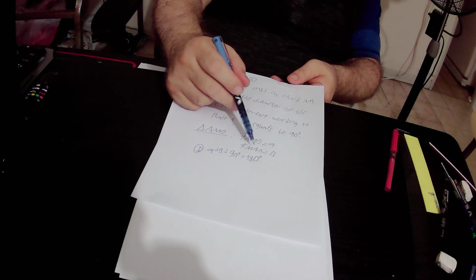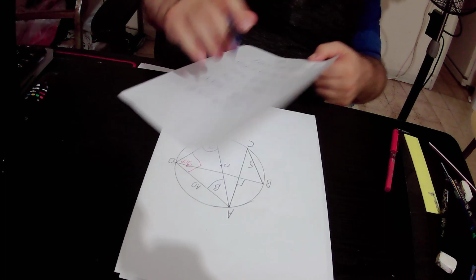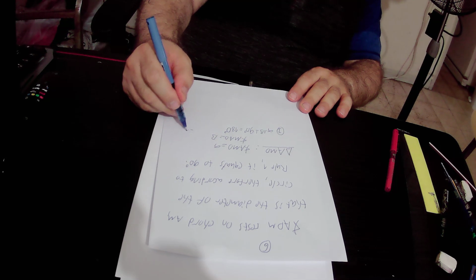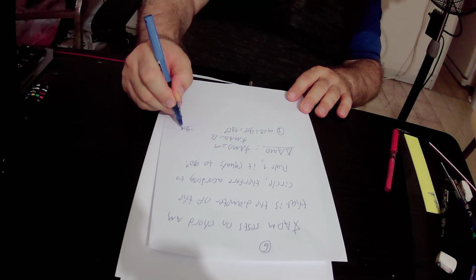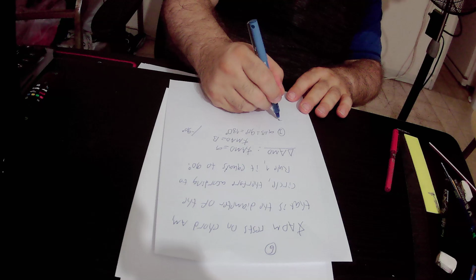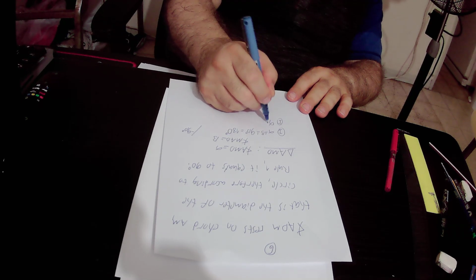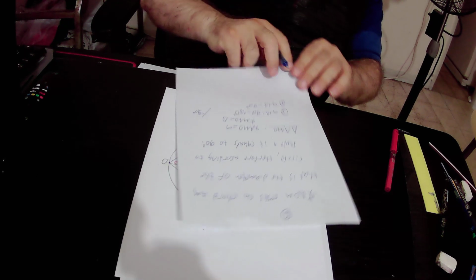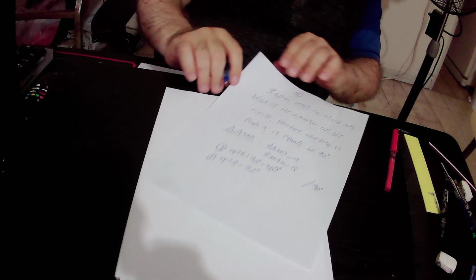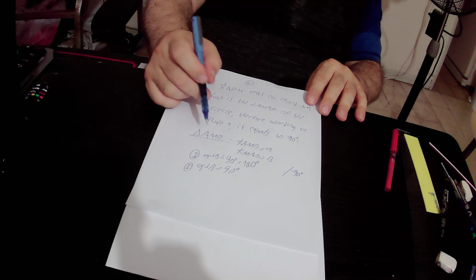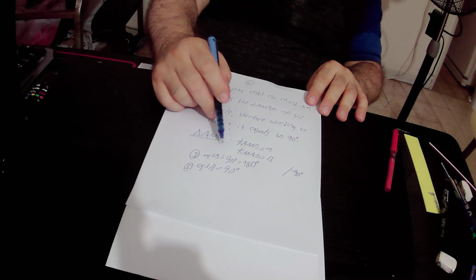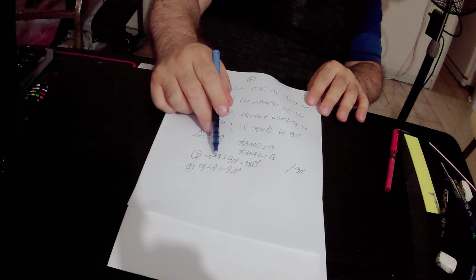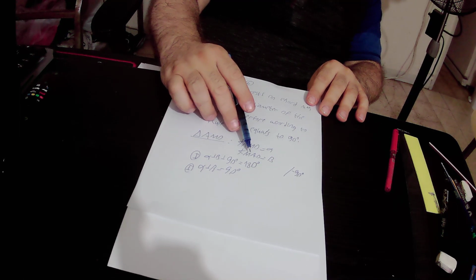Now we will subtract 90 degrees from equation number 1. We will get that alpha plus beta equals 90 degrees. Alpha plus beta plus 90 minus 90 equals alpha plus beta, and 180 minus 90 equals 90 degrees.